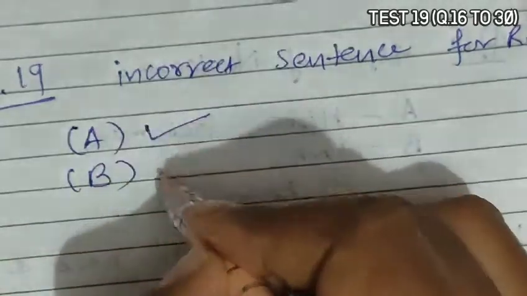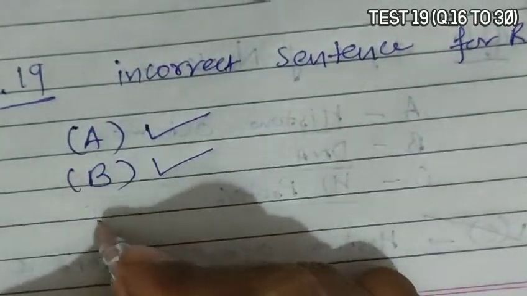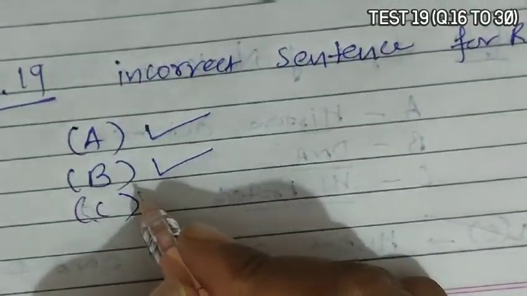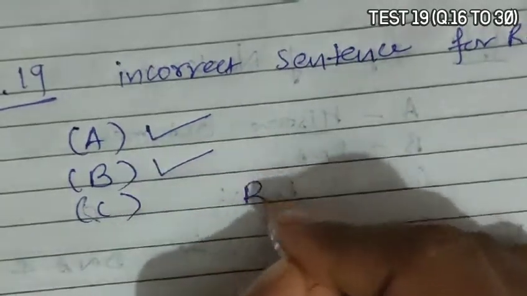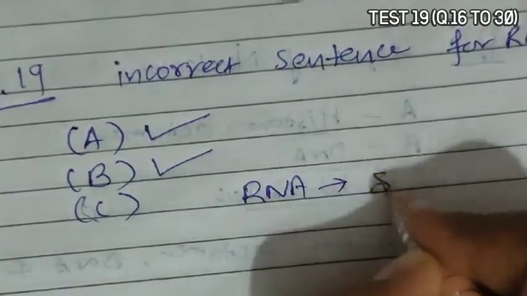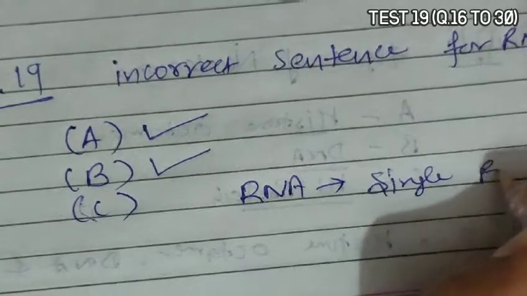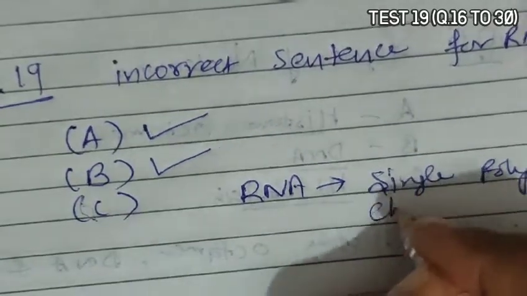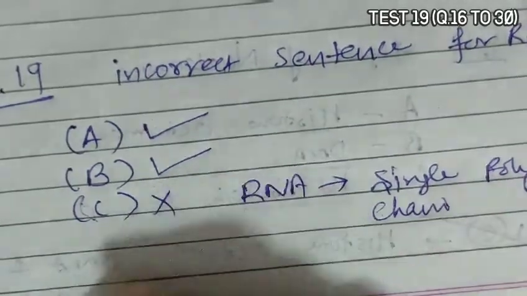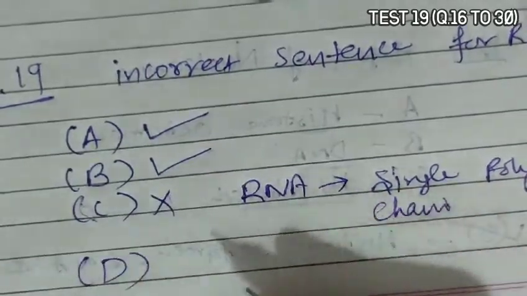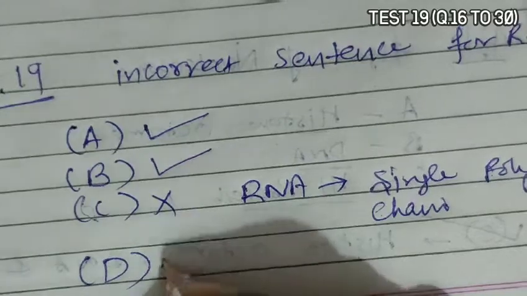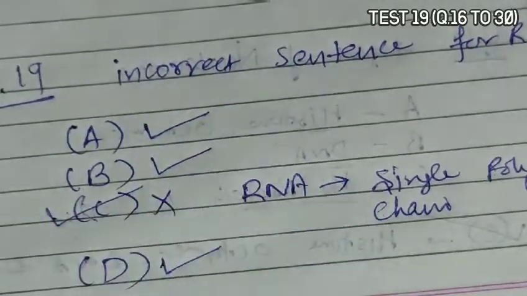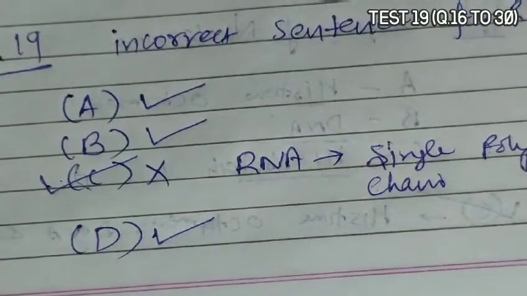Yes. Option C is given as RNA contains 2 polynucleotides. Actually, RNA has a single polynucleotide chain, so it is incorrect. And option D, during translation rRNA acts as a catalyst, so it is correct. So C is the incorrect sentence for RNA.